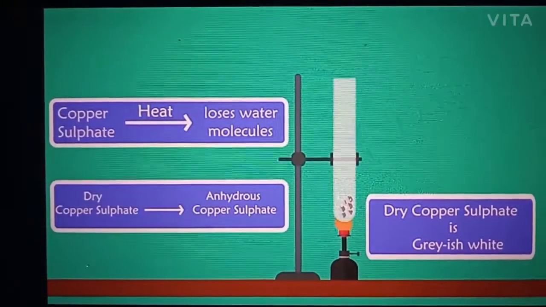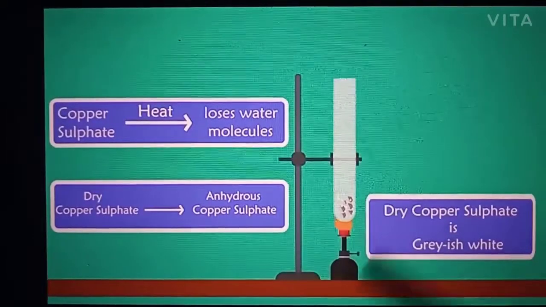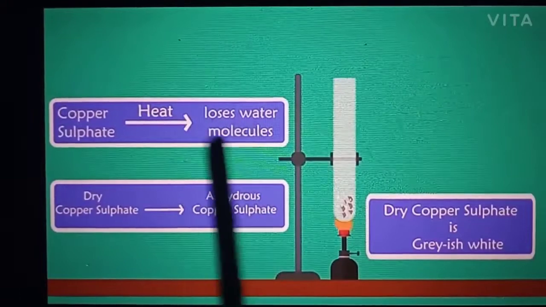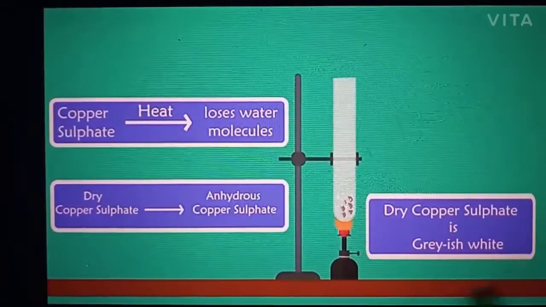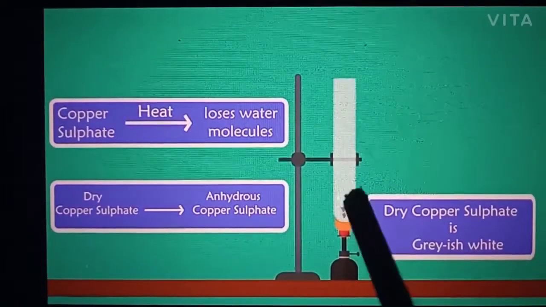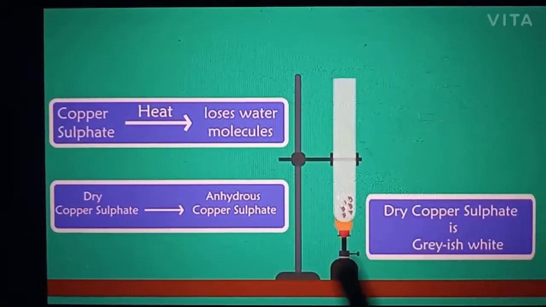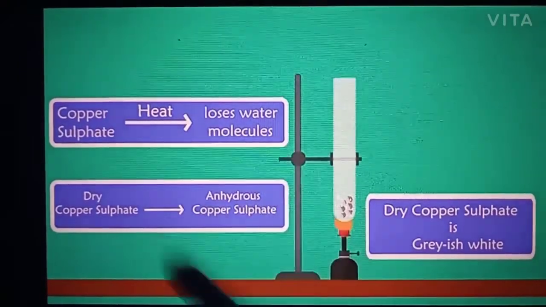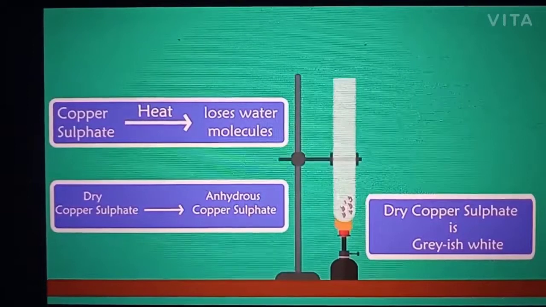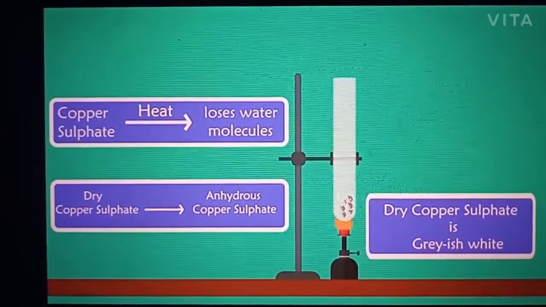As I told, copper sulfate when heated loses the water molecules, and we get a dry grayish white copper sulfate. We call that anhydrous copper sulfate. Anhydrous is nothing but it loses the water molecules. There are two types, note down: anhydrous and hydrous.